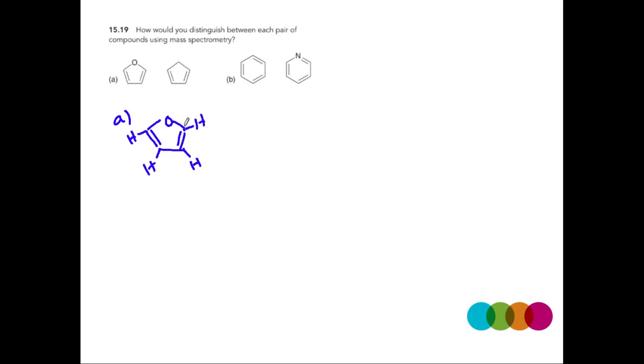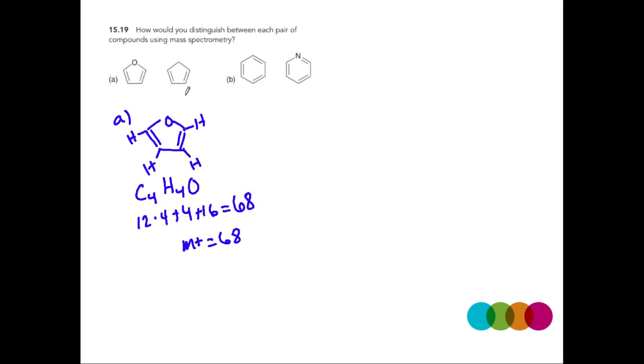We have 1, 2, 3, 4 carbons, so that's C4, and then we have 4 hydrogens, so that's C4H4O. So that's going to be 12 times 4 plus 4 plus 16. The atomic mass for oxygen is 16. Atomic mass for hydrogen is 1, and we've got 4 of them. We've got 4 carbons, and each one of those weighs 12. And so that's going to be a molecular weight of 68 for this molecule. So we can expect our molecular ion peak to be found at 68.